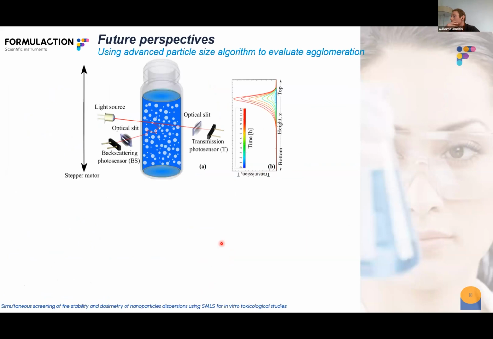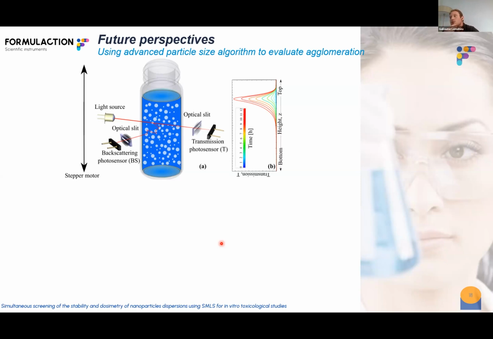A new thing which could be really interesting for also developing this aspect of controlling and making sure that the sample is well dispersed before toxicological analysis is the optimization we have to do, and we will propose it at the beginning of next year.